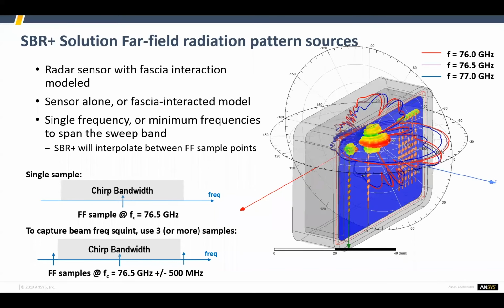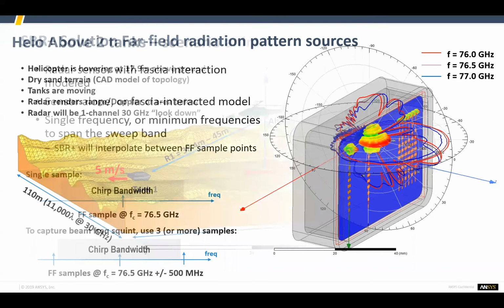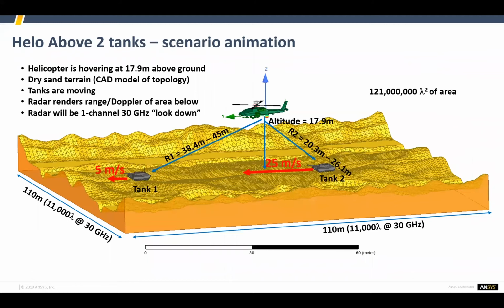Now, again, I was mentioning that it doesn't matter whether we're doing automotive radar or military radars. The application and the design process is the same. In this case here, we have a real-life environment. It's some sort of ground relief environment where we have hills and possibly a roadway or a river.